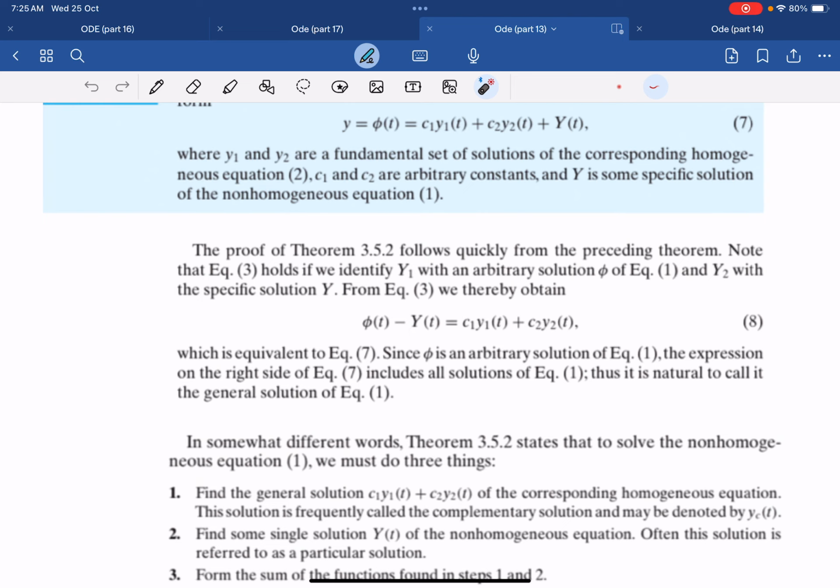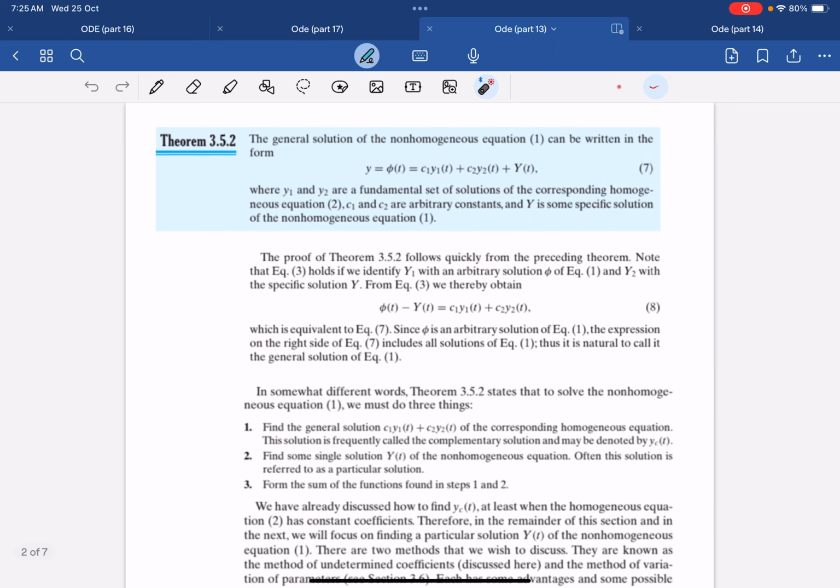So to find the arbitrary, general solution phi, you just take this specific solution and bring it over, so it's the homogeneous case solution plus a specific solution.